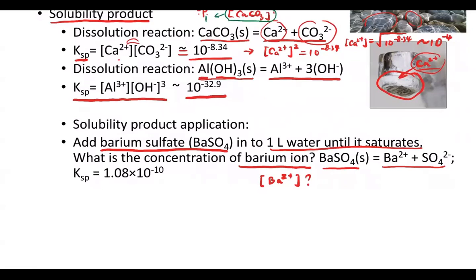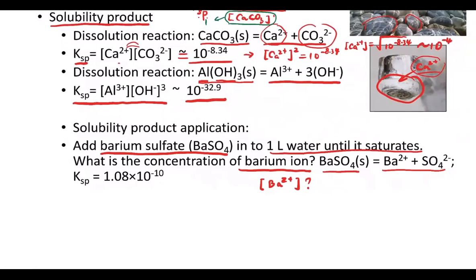Okay. The way we solve this is similar to these ones. We can just write out the KSP, right? That's just the barium ion concentration multiplied by, it's not carbonate ion, it's the sulfate ion concentration, right? And this value should be 1.08 multiplied by 10 to the negative 10.